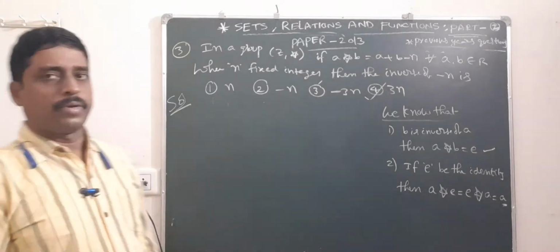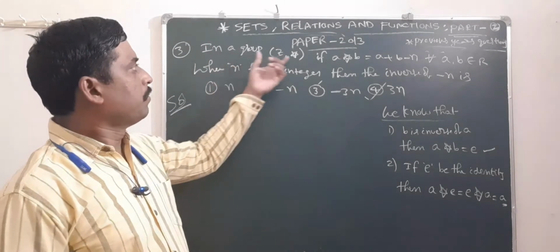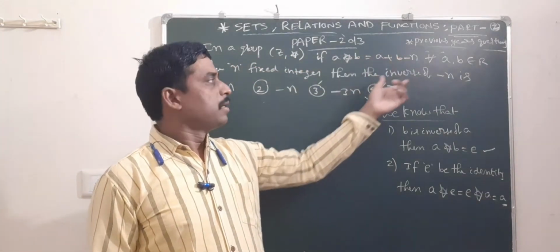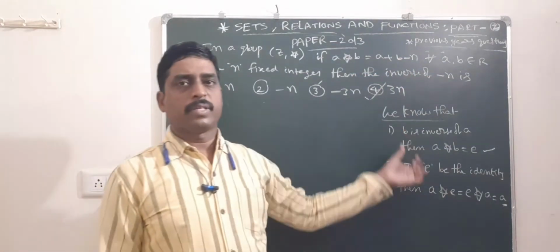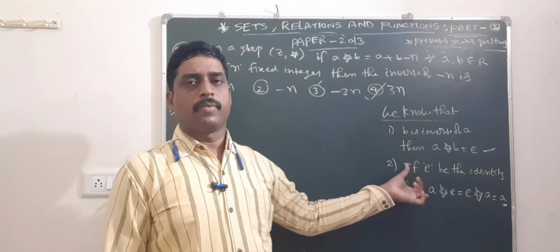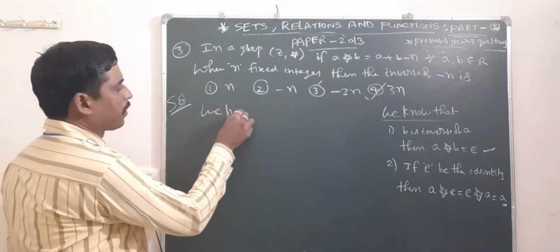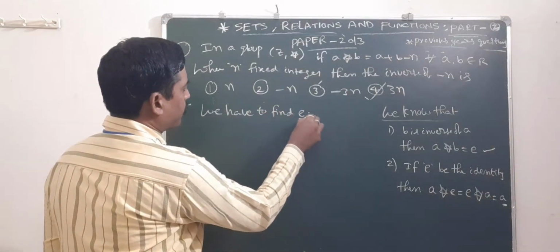Let us go to the next problem. Question number 3 from the 2013 paper. In a group Z, if A star B is defined by A plus B minus N, now we have to find the inverse of minus N. These two properties: the first one is the inverse property, the second one is the identity property. First we have to find the identity.